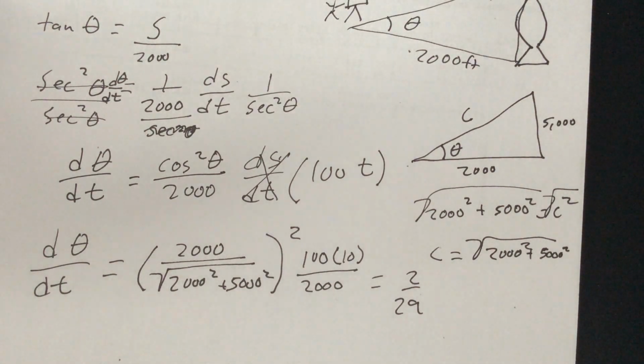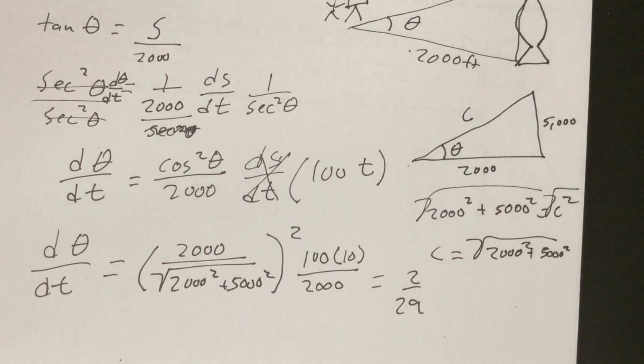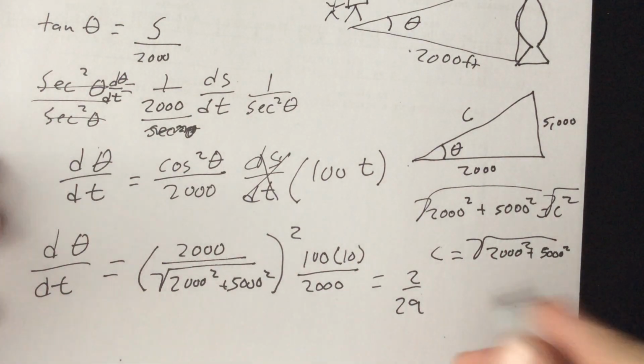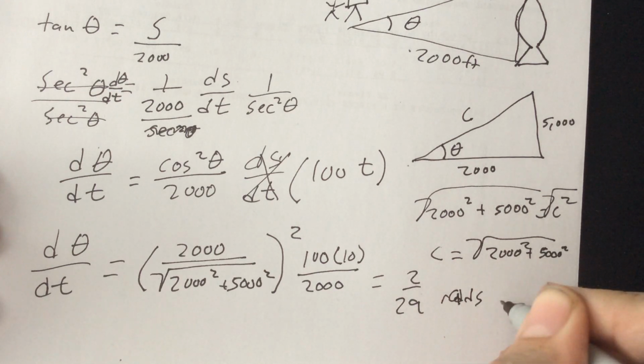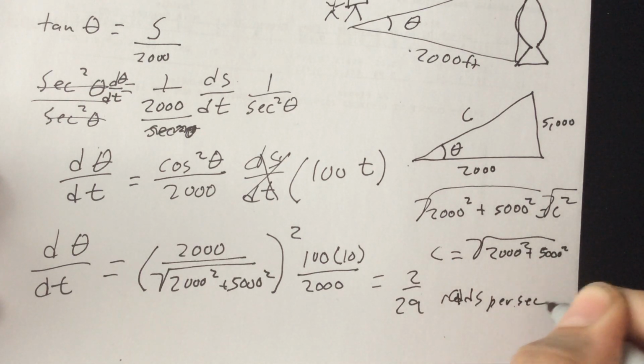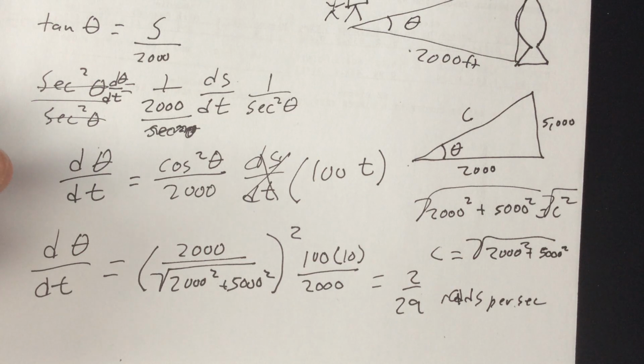Radians, though, in one circle is 2 pi, where degrees is 360 degrees in a circle. So just think that's how much of a radian we're changing by, 2/29ths. So we'll call this rads per second is what we're changing by.